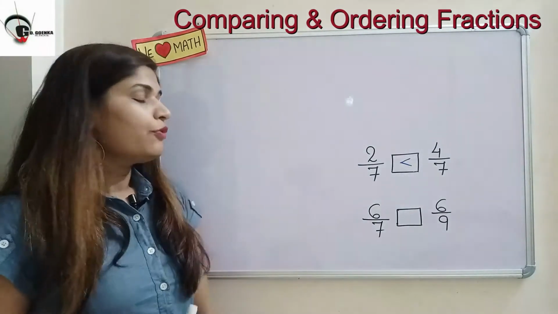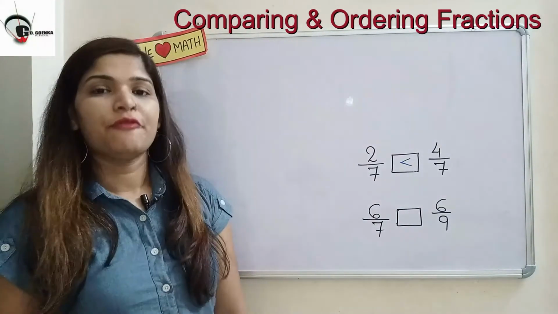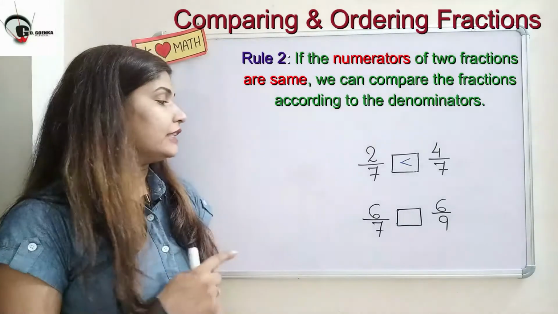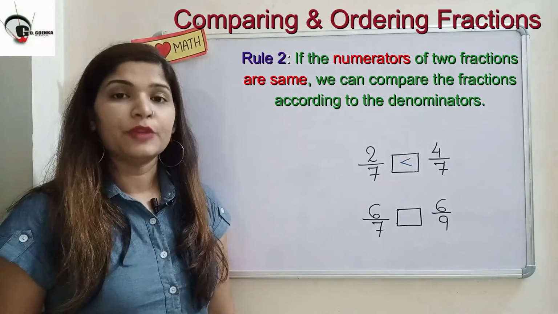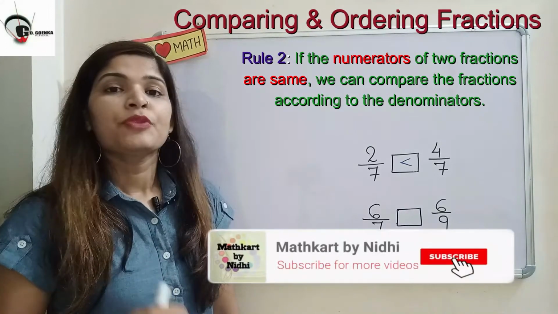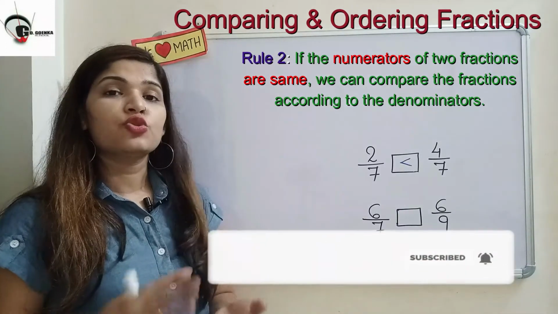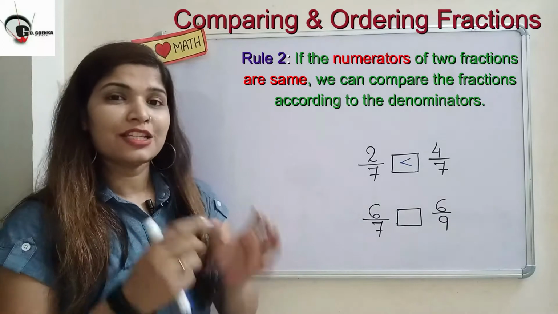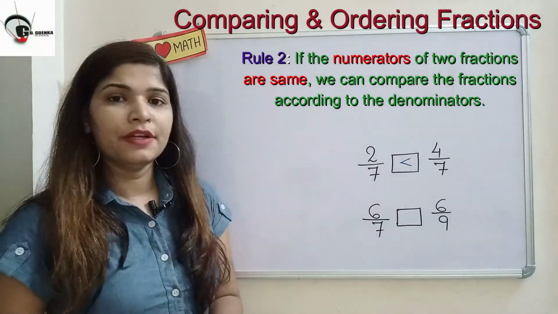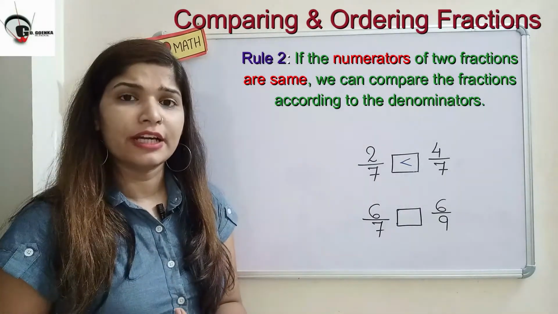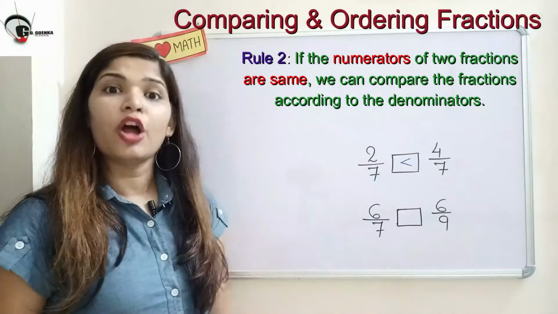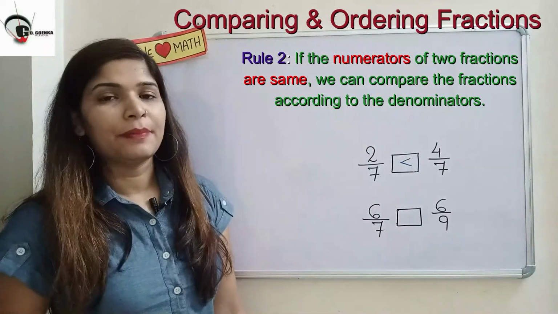Okay, now we have to come to the next rule. Whenever we have the same numerator while comparing, we will just do the reverse: the smaller number will become the bigger number and the bigger number will become the smaller number. I am talking about the denominators. Let us see through an example.